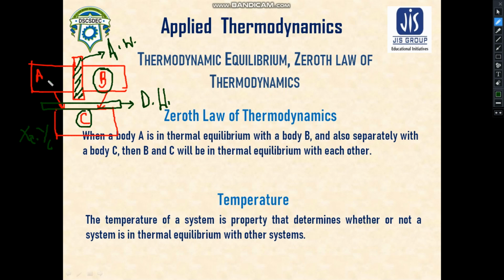Now let us remove the adiabatic wall here, and we are placing a diathermic wall.